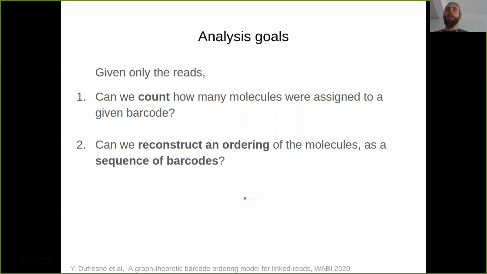Our goal here is, first, to know whether we can count how many molecules were assigned to each barcode. The second question we want to tackle is whether we can reconstruct the order of the long molecules that are behind the short reads that we sequenced.